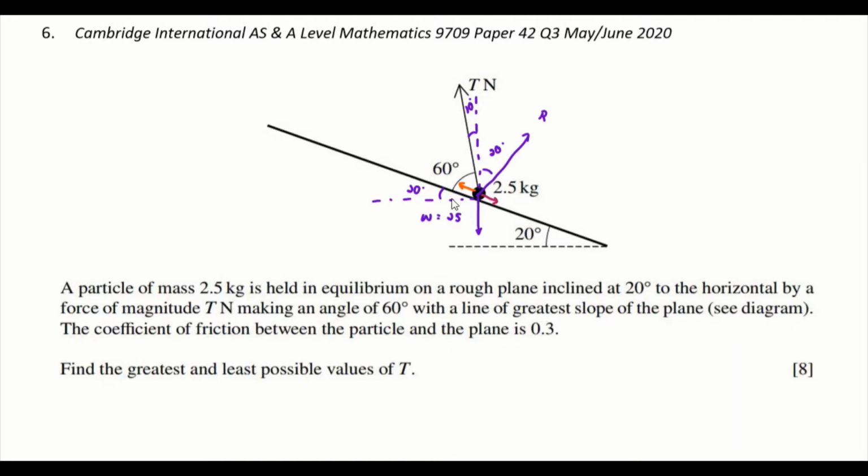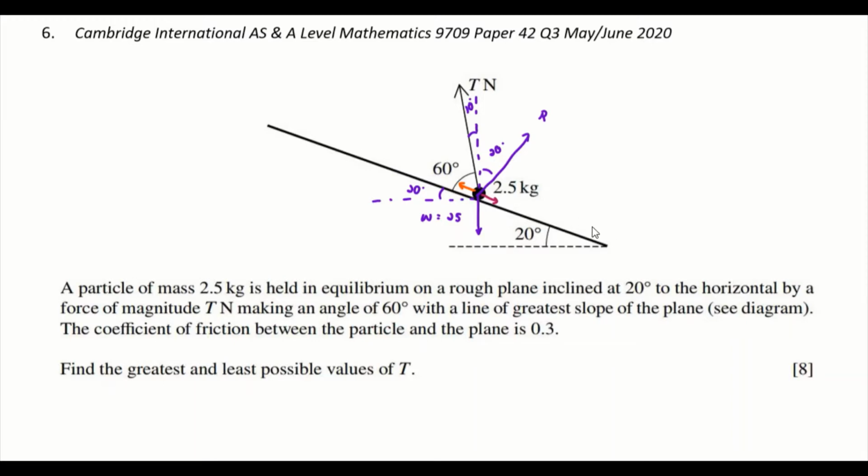I need to resolve my F, my T, and also my R. If I resolve along the direction of the plane, then I only need to resolve my W and my T. So that's why an easier approach in this question is to resolve along the plane.